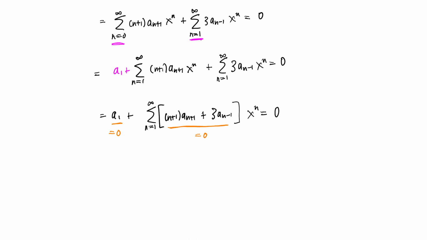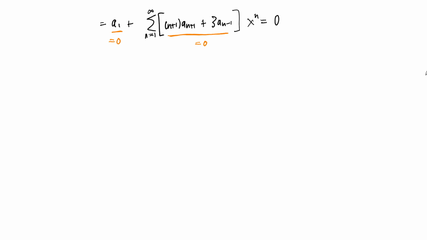So let's gather everything we know. We just wrote down a sub 0 is equal to 8. We also know a sub 1 is equal to 0. And then from the recurrence relation, we know all of this. We know that for n bigger than or equal to 1, the rest of this is true, right? So this gives us the recurrence relation.